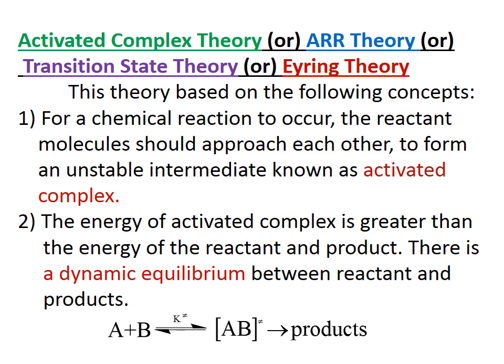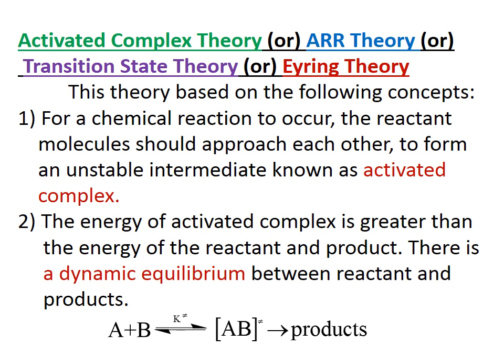To overcome these limitations, we are going to discuss the activated complex theory. It is also known as ARR theory or transition state theory or Eyring theory. This theory is based on the following concepts. For a chemical reaction to occur, the reacting molecules should approach each other to form an unstable intermediate known as the activated complex.